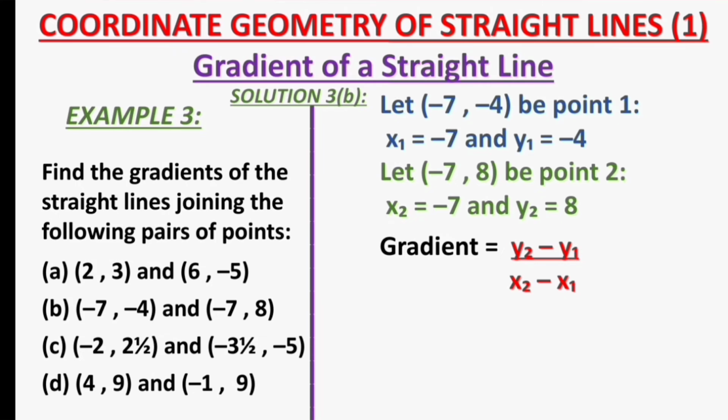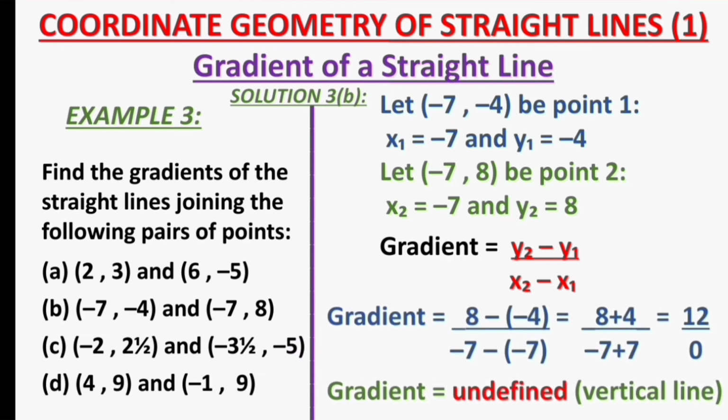When you substitute these values into the gradient formula y2 minus y1 over x2 minus x1, what will be the gradient of the straight line joining the 2 points in example 3b? Let's see if you're right. The gradient is equal to 12 divided by 0, which will give us an undefined gradient.